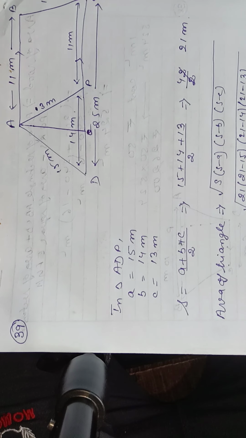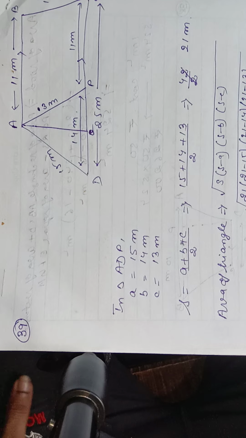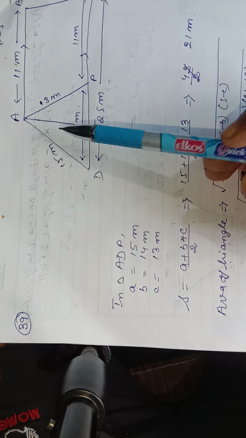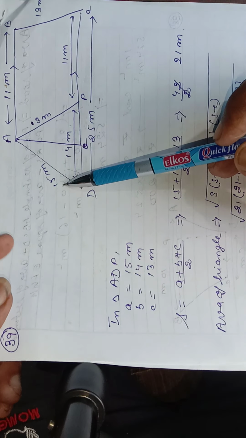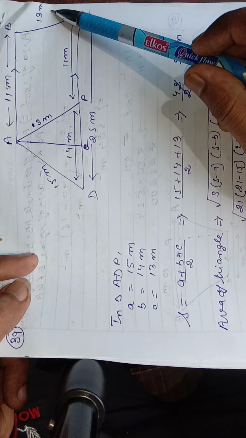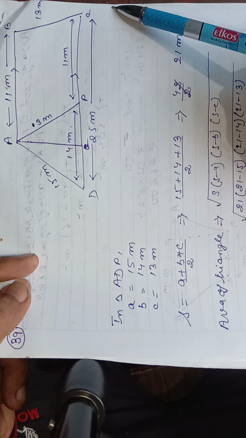In the same way, question number 39. Here also we have a trapezium. What to find out? The area of the trapezium. All the sides are given. One side is given as 11, another as 25. The non-parallel sides are given as 15 and 13. So just draw a triangle. If this is 13, this also is 13. This total was 25.